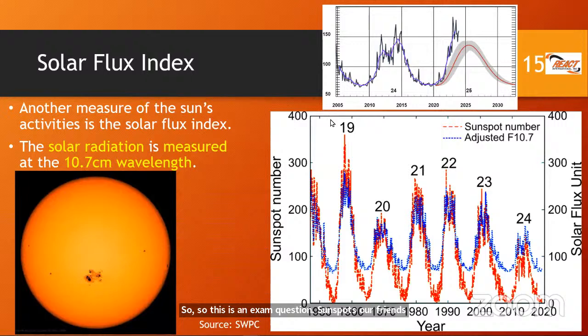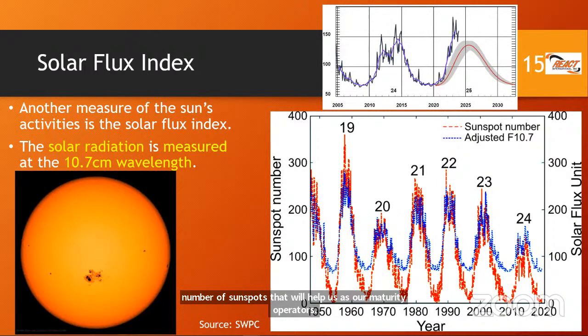Okay, so to gauge or measure the activity level of the sunspots, how strong they are, how big they are, how many they are, or how helpful they are, we have to measure it. One of the measures that helps us as amateur radio operators is the SFI, or Solar Flux Index, right?